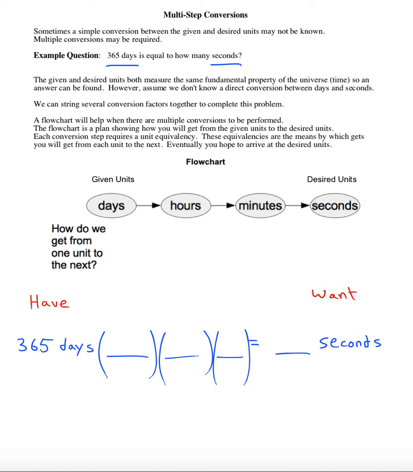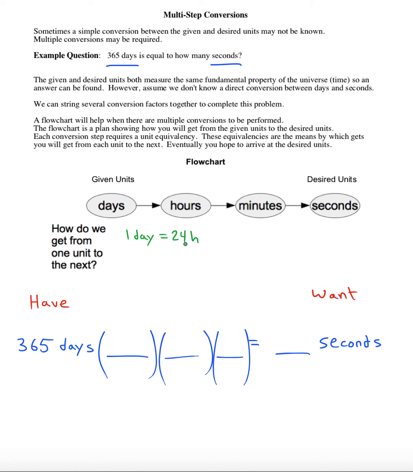All right, so how do we get started with something like this? Well, once you've set up the flow chart, you can see that you may know a relationship between days and hours. For example, there are 24 hours in a day. So let's say that one day equals 24 hours.